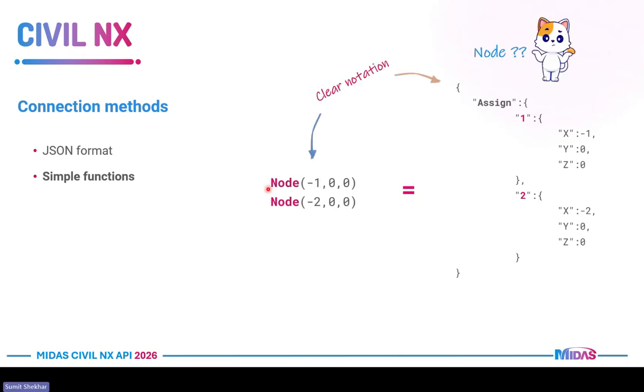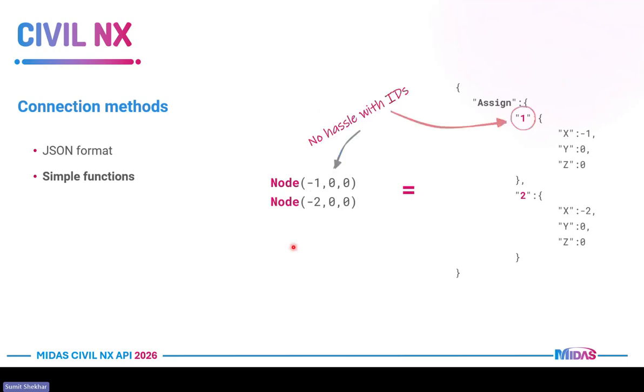Similarly, this is a much clearer notation. Here, we cannot identify that this was meant for a node. Here, we can clearly see that this code node represents that we want to create a node. There is no need for a default definition of ID. The Python library will automatically determine the ID for us.